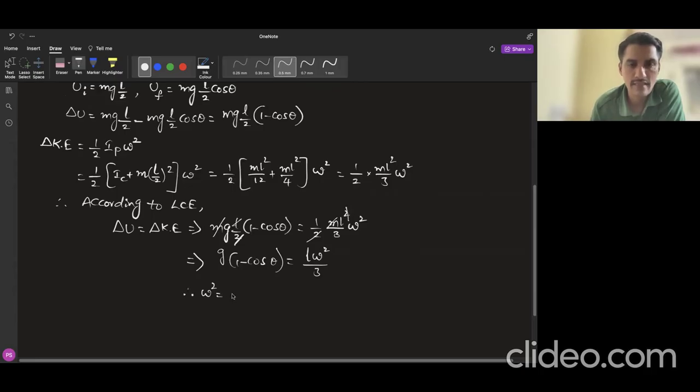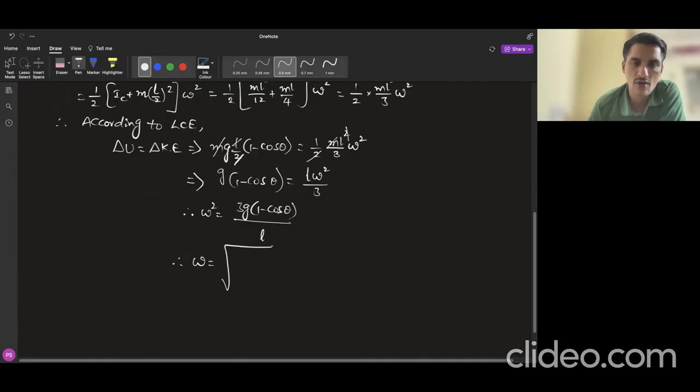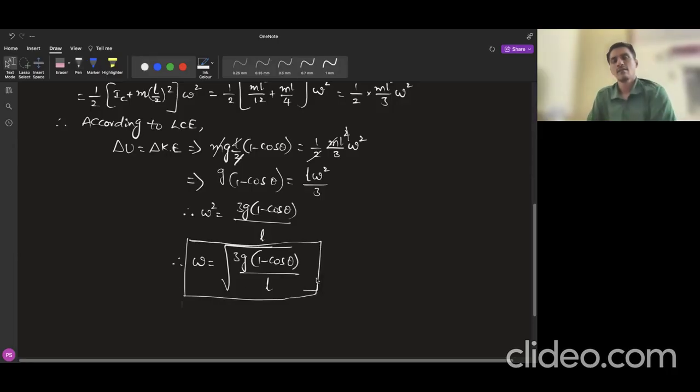Therefore, omega square is equal to 3g into 1 minus cos theta divided by L. And hence, omega can be written as root of 3g into 1 minus cos theta divided by L. That's it. Understand? 3g by L into 1 minus cos theta.